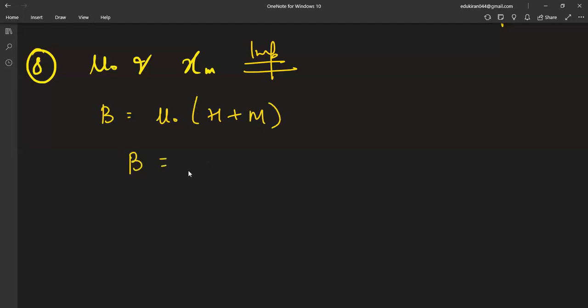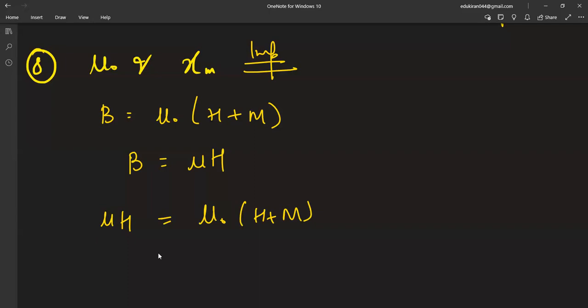What is magnetic? If we talk about intensity of magnetization, this is B is equal to mu H. So if I equate both of these, I get mu H is equal to mu naught (H plus M).